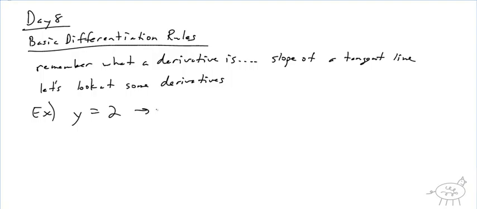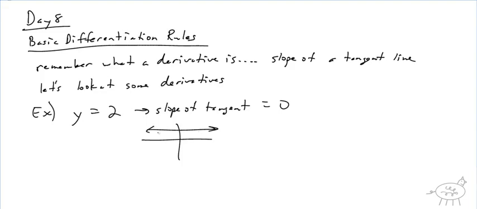Well, remember, it's a slope of the tangent. So isn't that equal to 0? Because isn't that y equals 2 a horizontal line? Isn't the slope equal to 0? So that's the answer. The derivative dy dx of 2 equals 0.